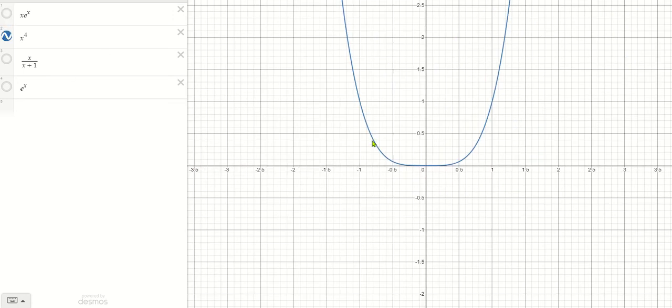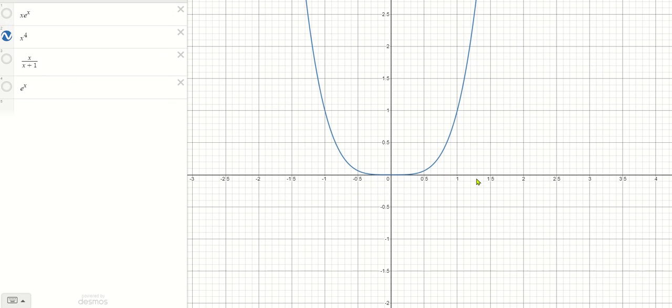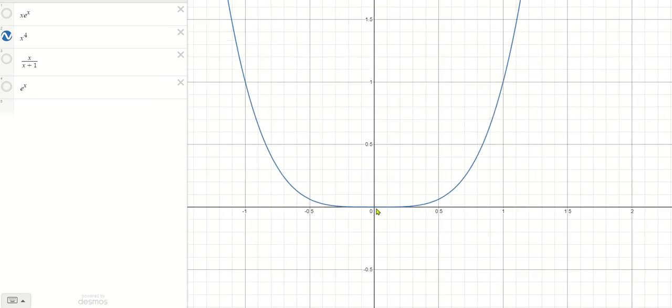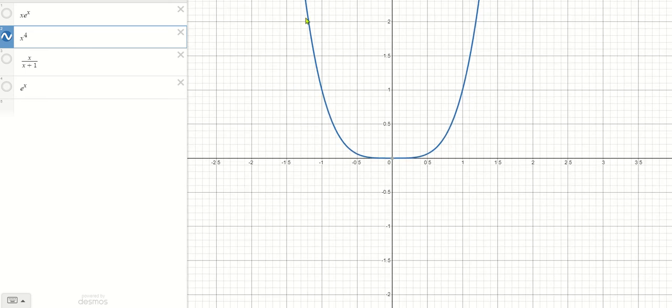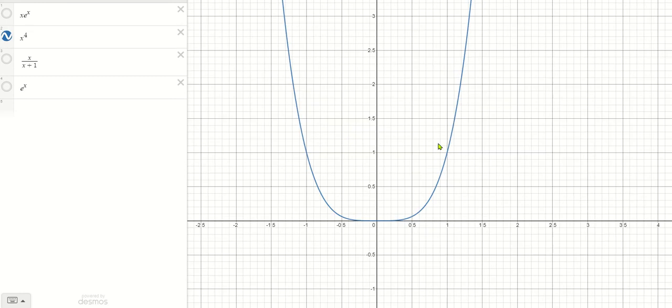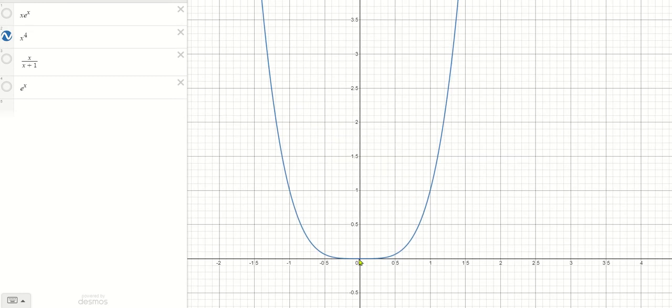It's just kind of a fatter x squared at the bottom there. So at x equals 0, we said that's where our second derivative is equal to 0. And we can see that on either side of 0, we've got that cup shape. And in fact, this whole function just makes a big giant cup. It is concave up everywhere except at 0.